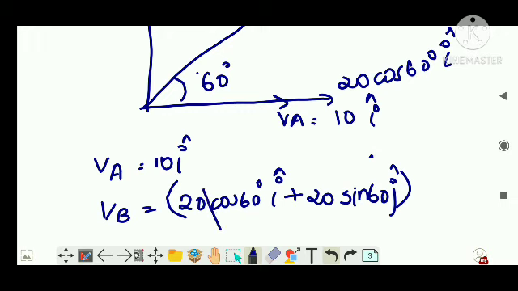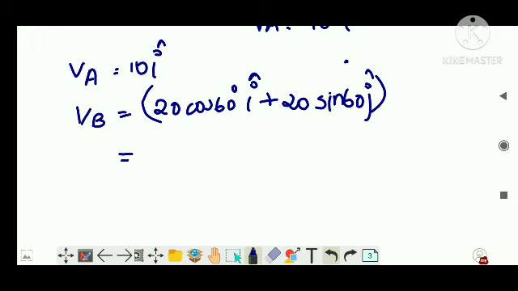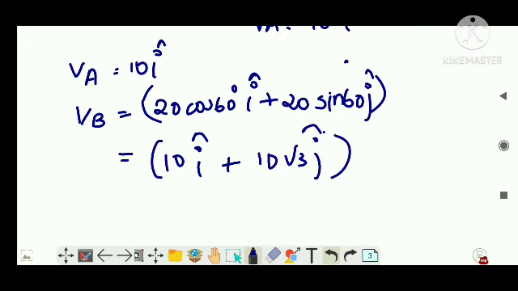Now cos 60 etc. should be known to you guys. So you will get 10 because it is 1 by 2, i cap, plus 20 sine 60, root 3 by 2, so it is 10 root 3 j cap. So that means you got a vector form. This is VB and you have VA.